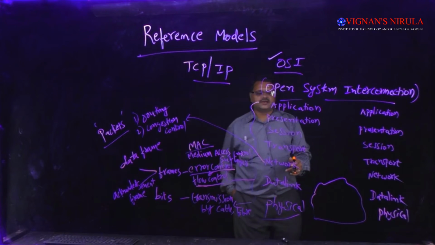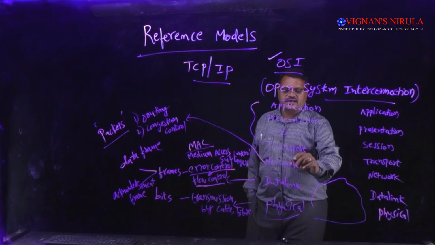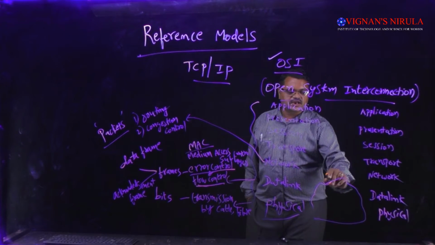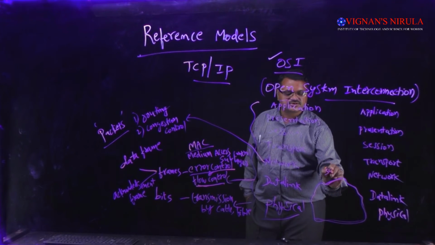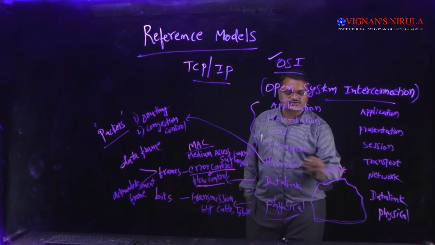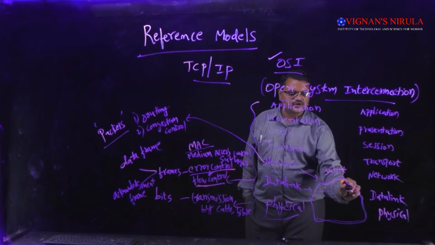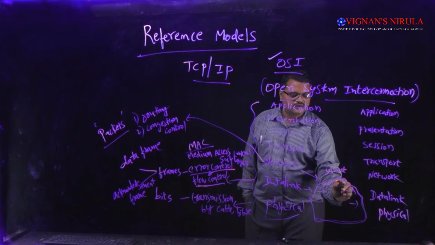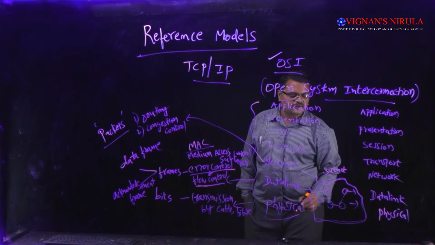So till here, that means up to the physical, data link and network layers, the communication happens through intermediate routers, that means subnets. Through the subnet, the information gets passed from one end to the other end. A subnet consists of routers, and routers contain transmission lines.